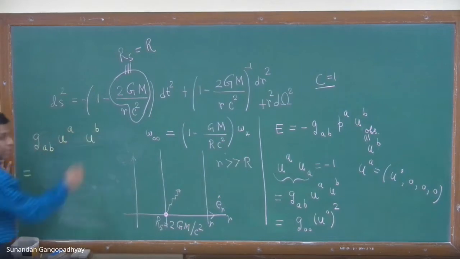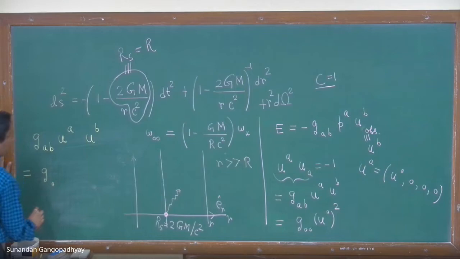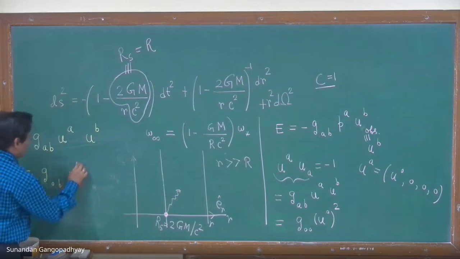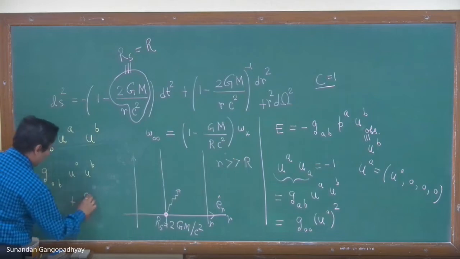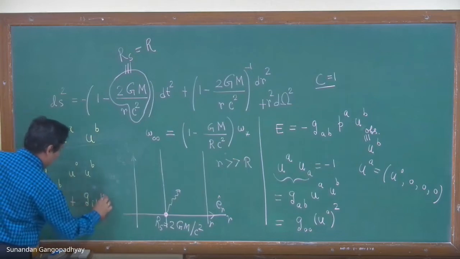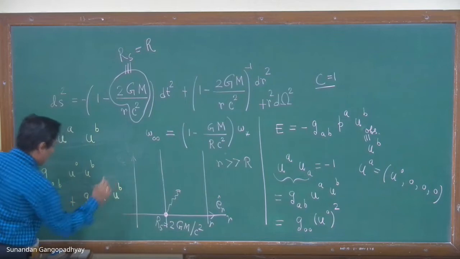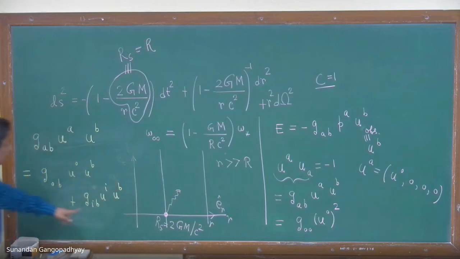So these are repeated indices, so it is summed over. So you just sum it, G0V U0 UV plus G_IV U_I U_V, where I is running from 1 to 3. Now you expand.